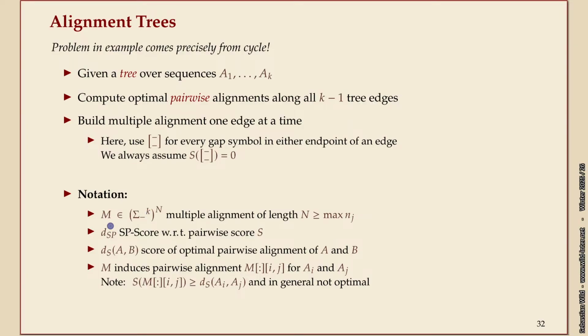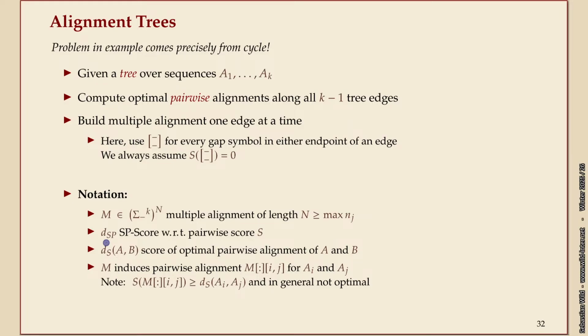DSP is the sum of pair scores, and that's something to evaluate a multiple alignment, and it depends on the pairwise alignment score that we'll use. All of this, you can just replace S with edit distance, but the ideas and algorithms are more general.